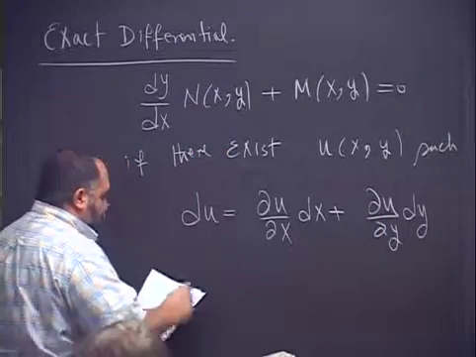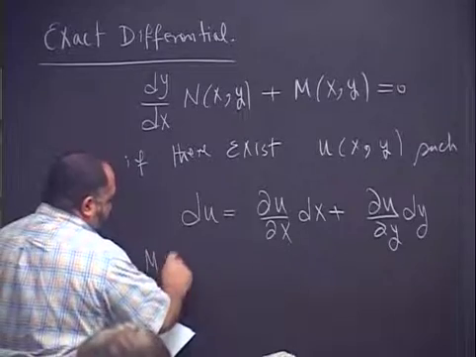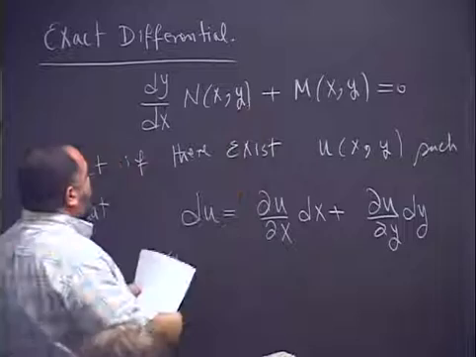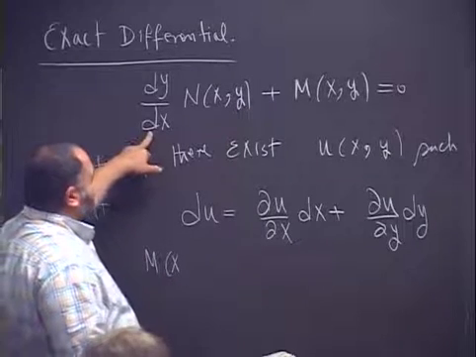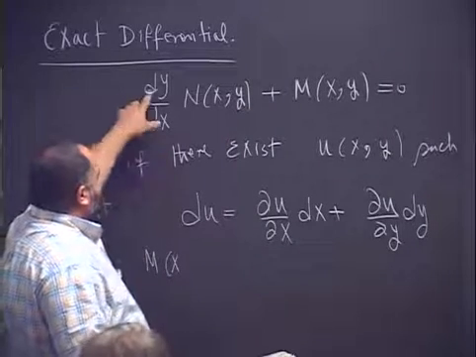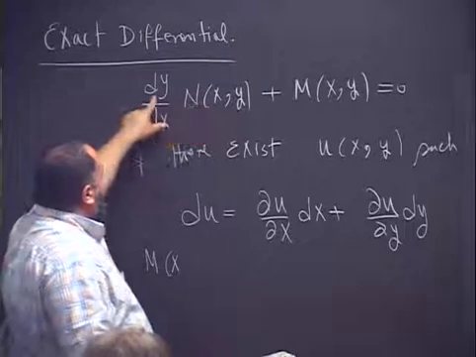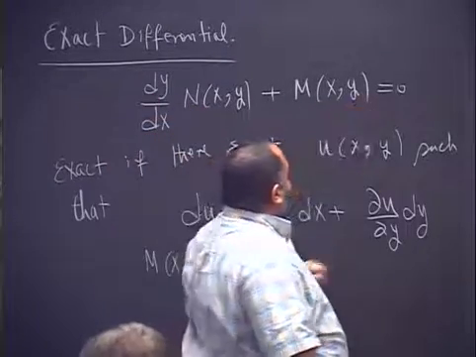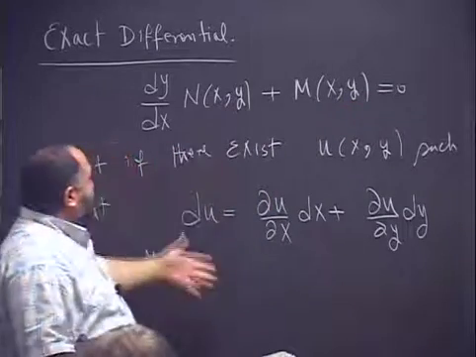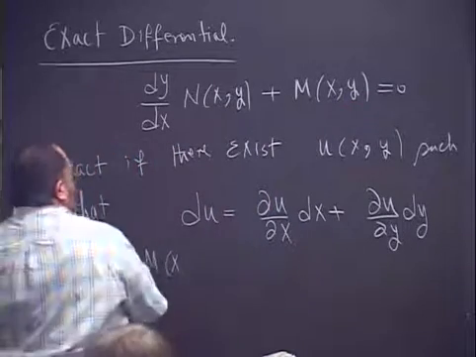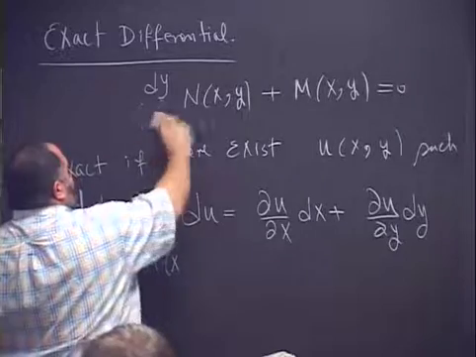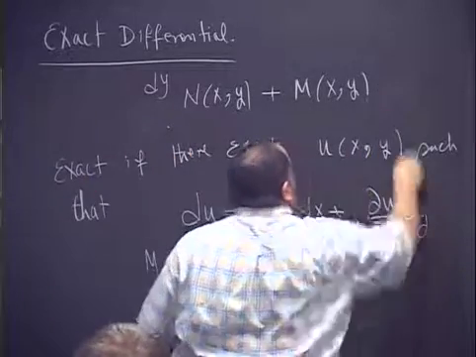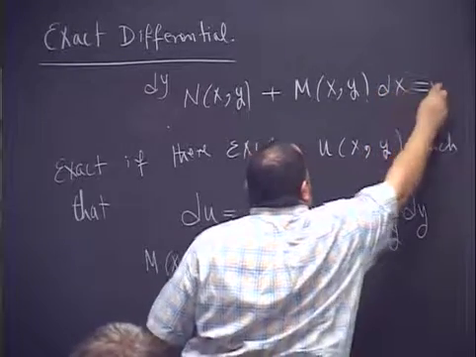To make the correspondence between this equation and that one, we multiply by dx on both sides. This gives you N(x,y) dy plus M(x,y) dx equal to 0.